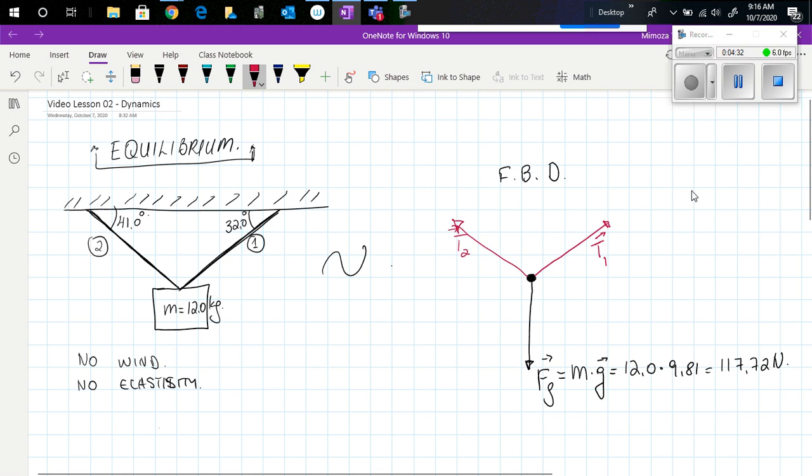As we mentioned yesterday, the rule for tensions is starting from the object and going along the string. As the string goes, the tension will go.